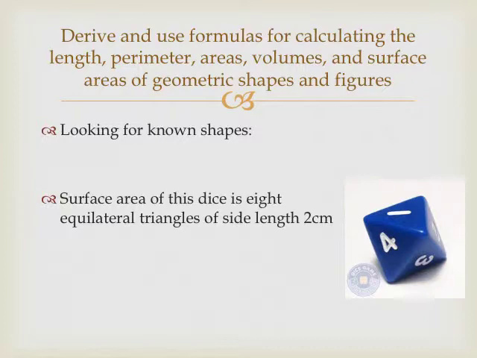So first off, we need to know the basic formulas. If I was looking for the area of a square, I'll try to make these as neat as I can. The area of a square is just side squared.